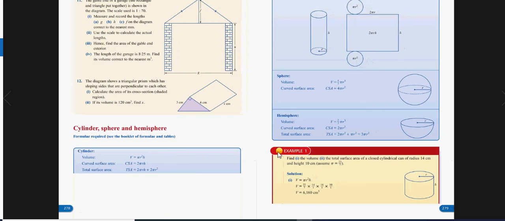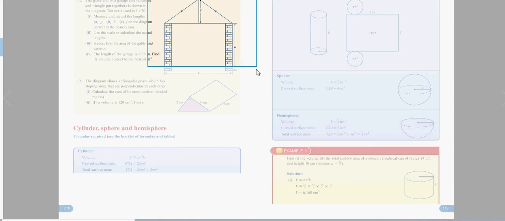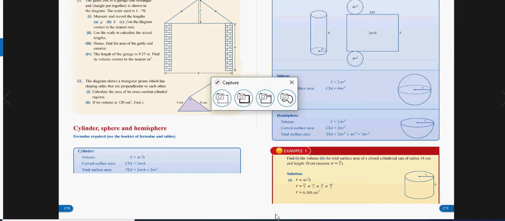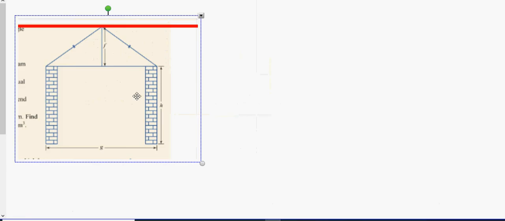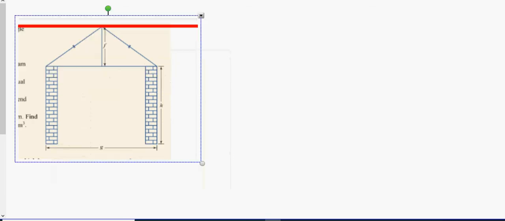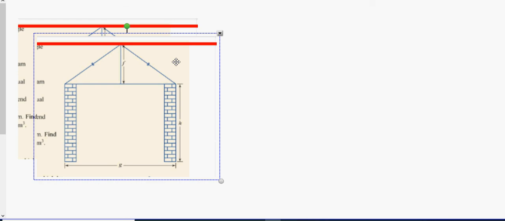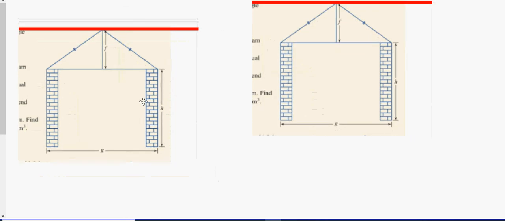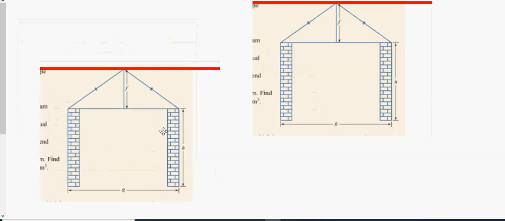What they're trying to get at there is that if we were to draw a diagram of this, like so, it's essentially like this, isn't it?